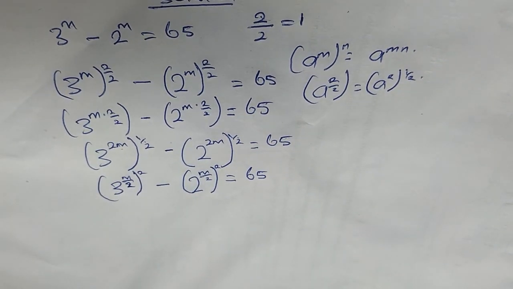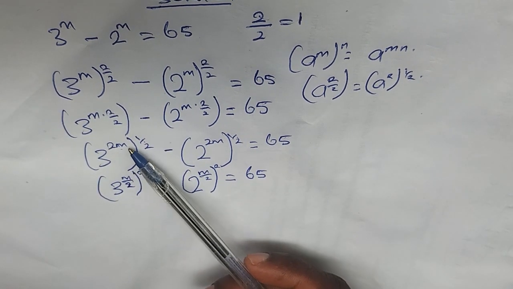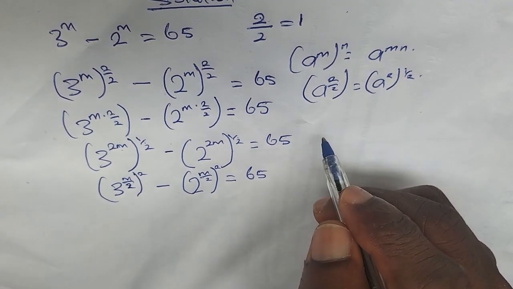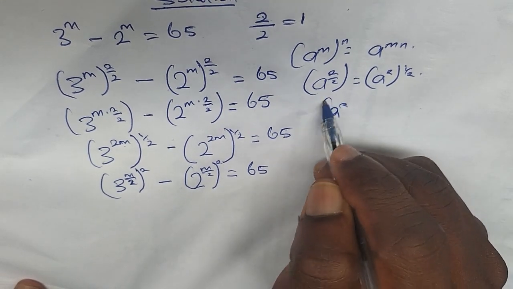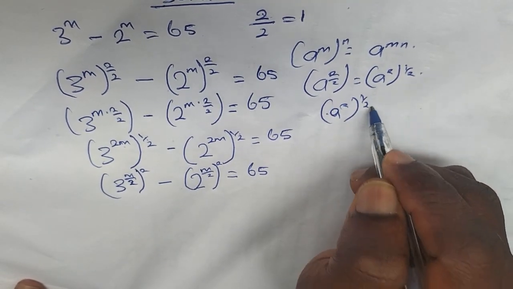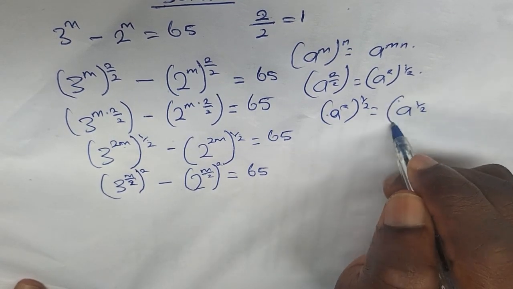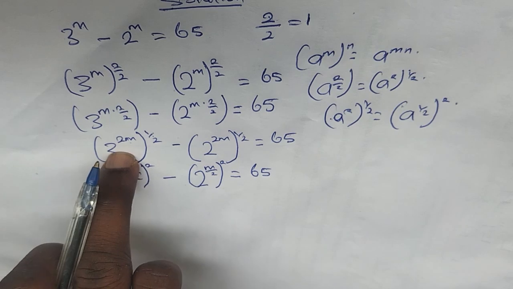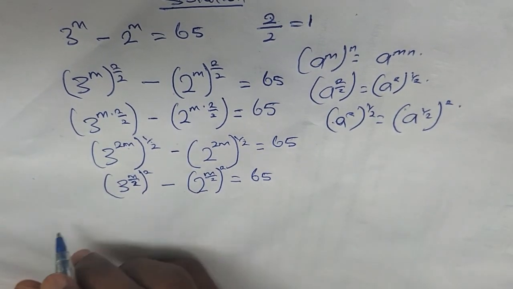This thing is getting more interesting. Recall I said I'm taking out this one, then putting in this. Recall from your indices, a to the power of 2 to the power of 1 over 2 is also equal to a to the power of 1 over 2 to the power of 2. So that's what I actually applied here.